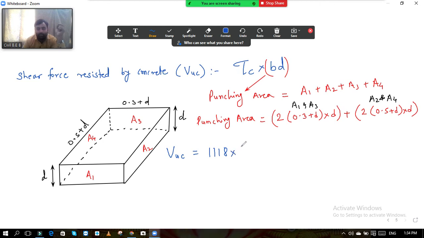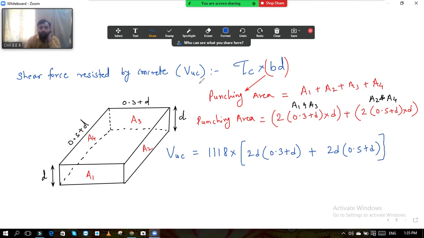So this is multiplied by, in this bracket, 2d into (0.3 plus d), then plus again 2d as it is, and here (0.5 plus d), and this bracket is complete.